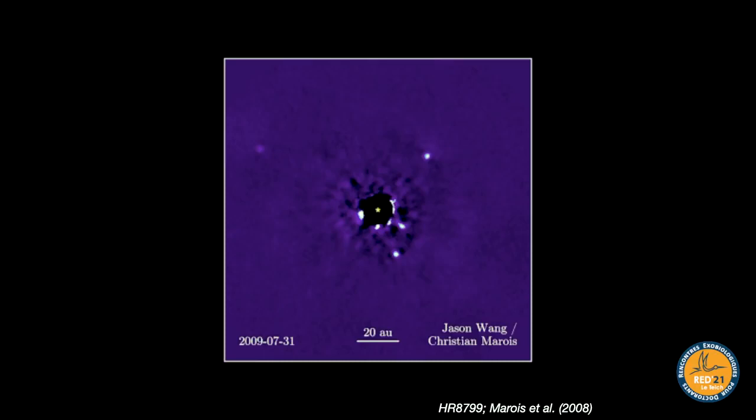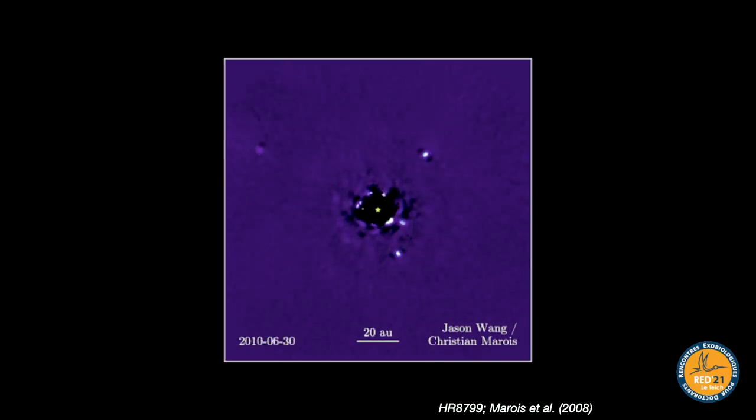And what is interesting here is that because we are able to observe these planets not only at a single time, but we can come back year after year, we see that these objects move over time just as we see the planets moving around the sun. And so that gives us additional information on those planets, because it means that we have an idea of the orbital period of these objects.